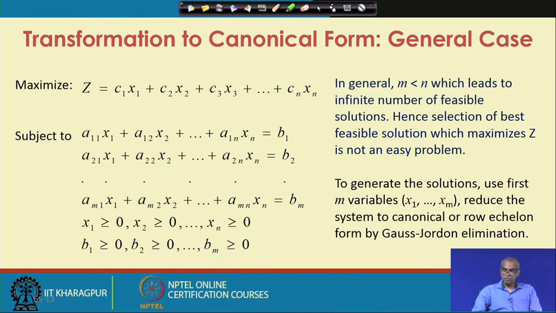To generate the solutions, let us first use m variables to reduce the system to canonical or row echelon form by Gauss-Jordan elimination. So, you have m constraints, n variables, and m is less than n.